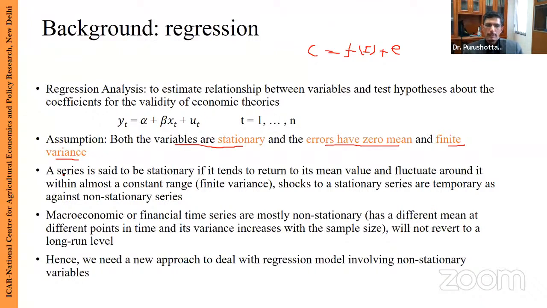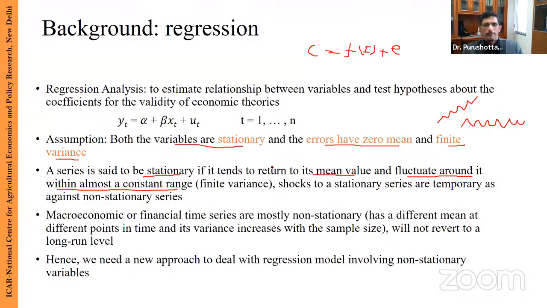A series is said to be stationary if it tends to return to its mean value and fluctuate around it within almost a constant range. Even if it is trending, it will fluctuate around the mean.